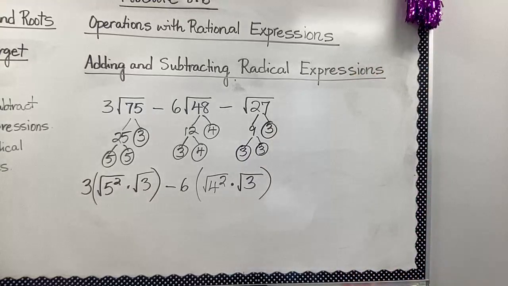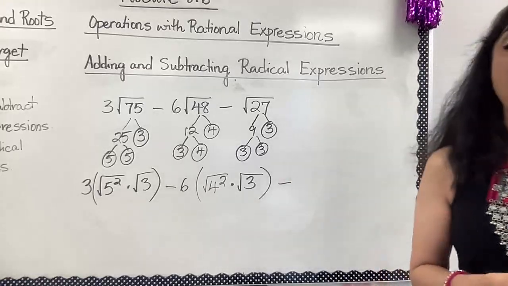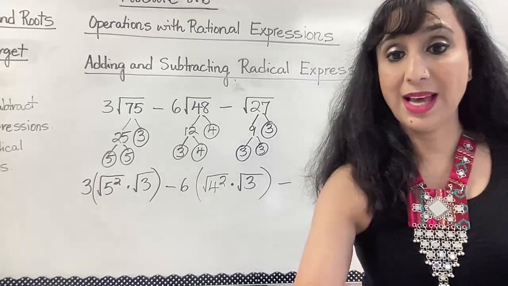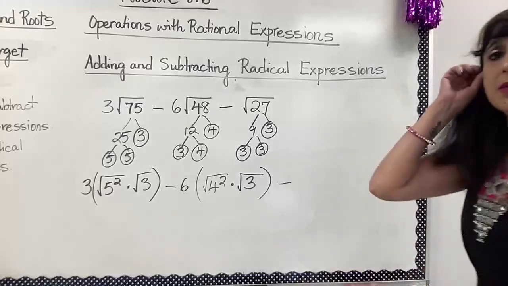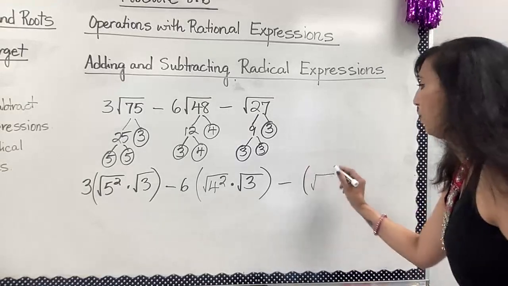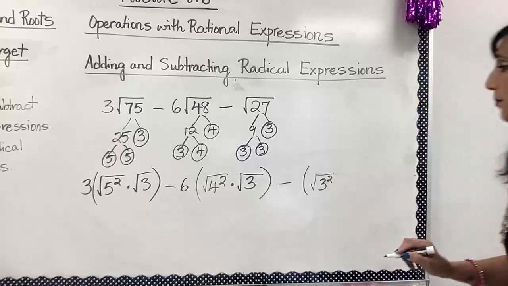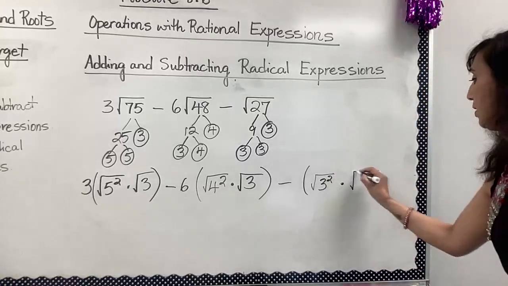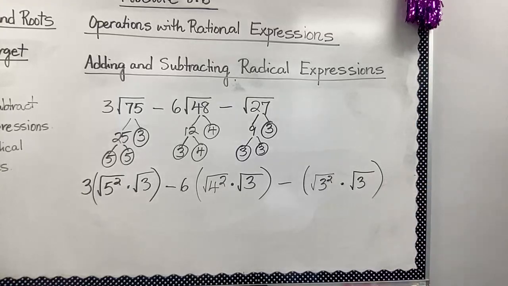Okay, so in this case, I am going to do minus square root of 27, and that becomes my square root of 3 squared times root 3. So now look, do we have common roots? Absolutely. But before we look at those common roots, let's go ahead and do the final process.